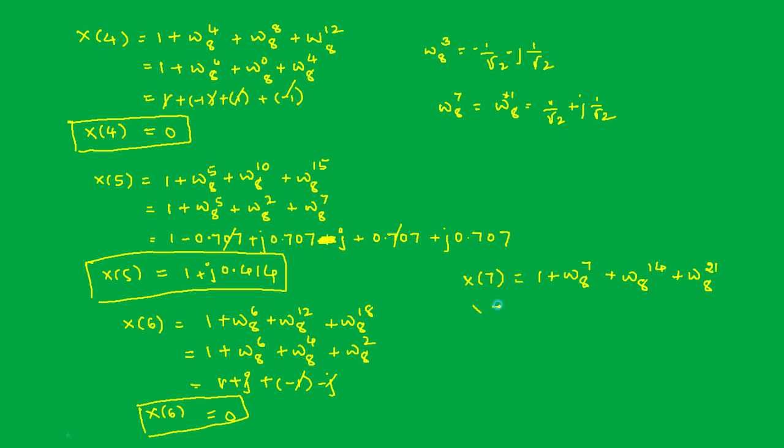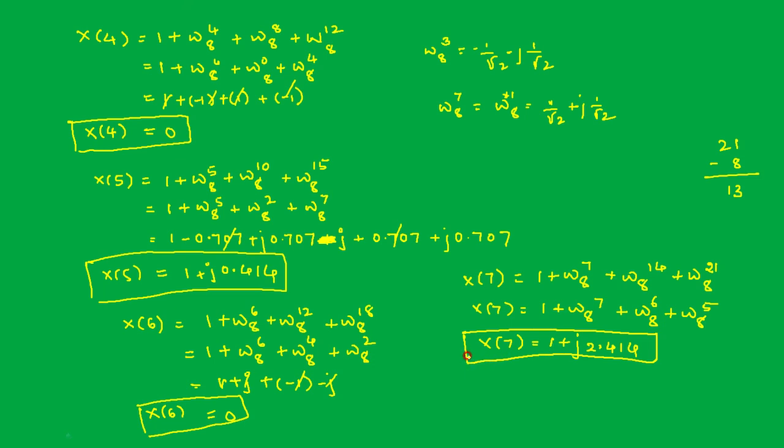So this can be written: x of 7 is 1 plus W8 raised to 7 plus W8 raised to, by subtracting 8, you will get 6, plus W8 raised to 21 minus 16 is 5. Substitute all values, you will get x of 7 is equal to 1 plus j 2.414, right?